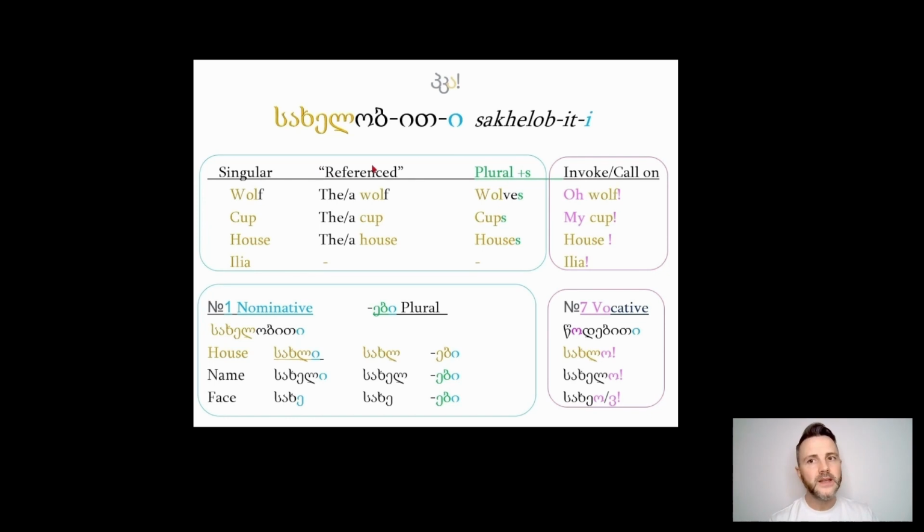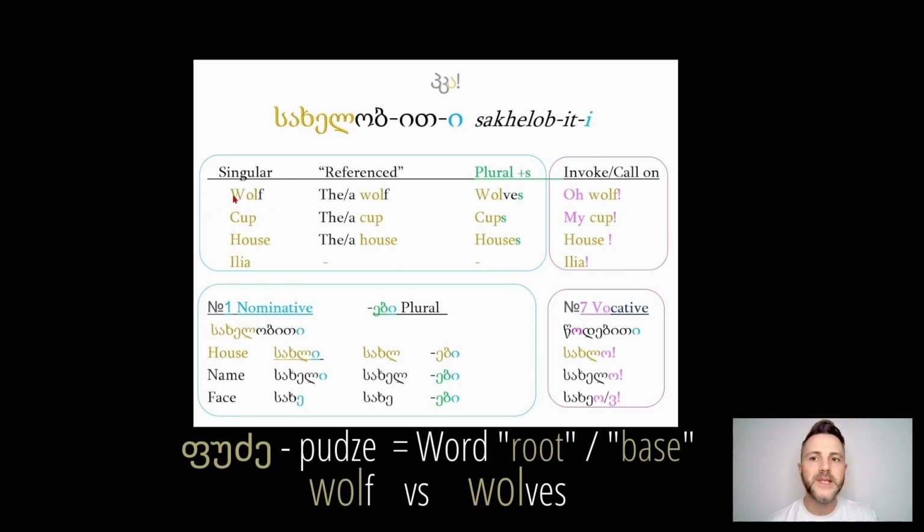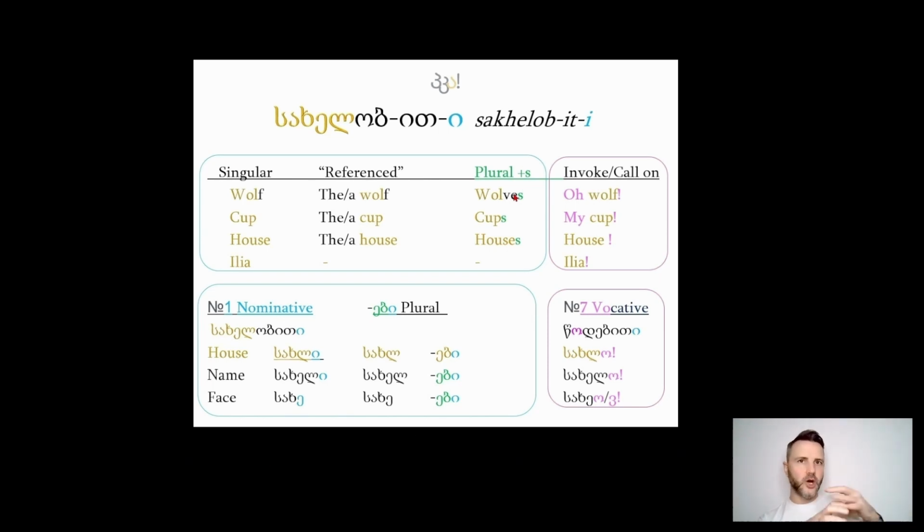This is something we're going to look at in another video, because there are quite a lot of mutations from singular to plural in Georgian, as there are in many languages, but that's not at the core of today's class. We just want to see that the word wolf perhaps has wolf as its base in both words, and that we've constructed the plural by adding extra pieces on.